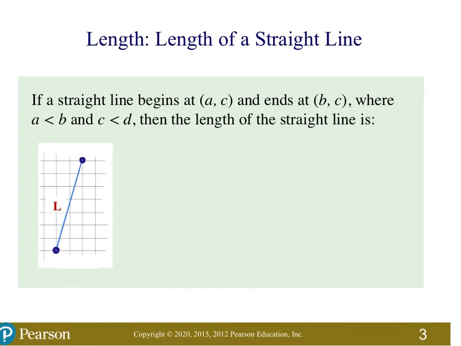So let's just quickly review the length of a straight line. Again, if we are measuring from (x1, y1) to (x2, y2), we use the Pythagorean theorem to measure the lengths of the legs so that we can come up with a measurement for length L. The length of the base would be (x2 minus x1) squared, and the length of the height would be the difference of the y's.